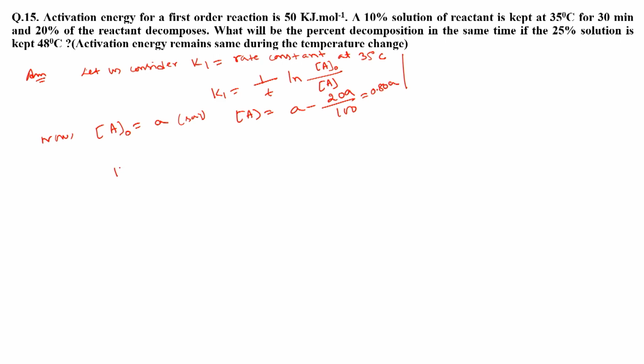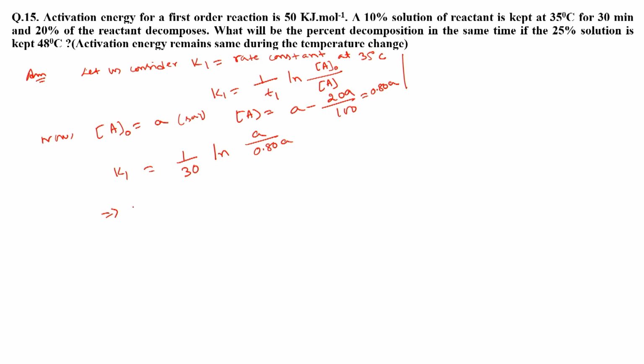So K1 is 1 by 30, because T1 is the first time, which is 30 minutes, when the 10% solution is kept at 35 degrees Celsius for 30 minutes. So K1 is 1 by 30 ln A naught by 0.80A.